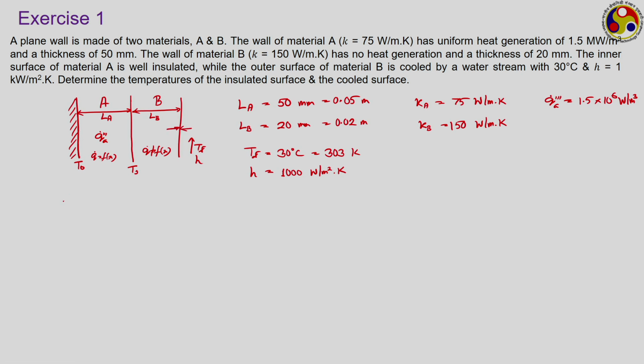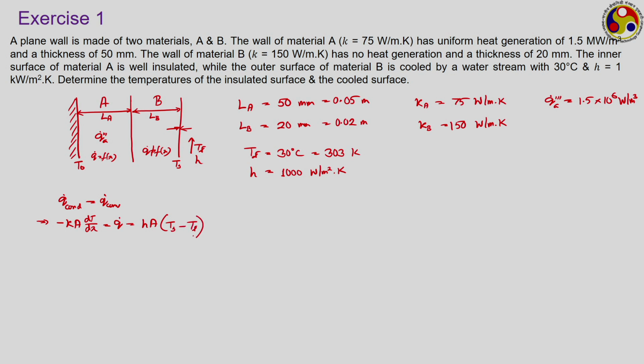What can we write there? At that point q dot conduction should be equal to q dot convection. Now, conduction is equal to minus k A dT/dx, which is the total heat transmitted through this, and it is equal to h into area into (Ts minus T infinity), where Ts refers to the temperature of this surface that we have to calculate.